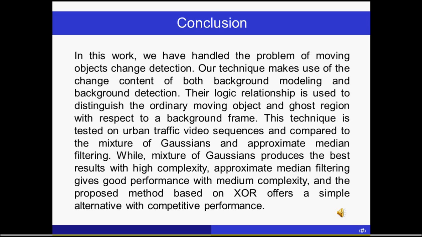This technique is tested on urban traffic video sequences and compared to the mixture of Gaussian and approximate median filtering. While the mixture of Gaussian produces the best results with high complexity, approximate median filter gives good performance with medium complexity, and the proposed method based on XOR offers a simple alternative with competitive performance.